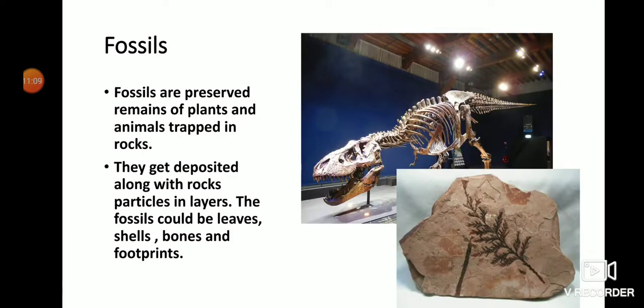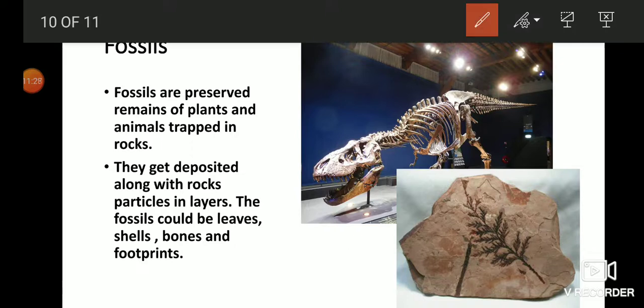Fossils. Many sedimentary rocks have the remains of dead plants and animals, which are known as fossils. Fossils are the preserved remains of plants and animals trapped in rock. Preserved here means without any decaying of the remains of plants and animals, and that is the fossil.